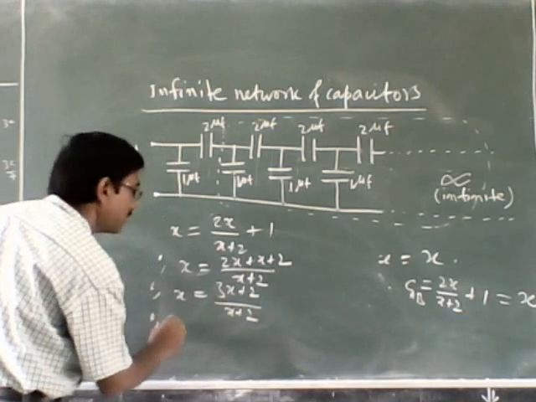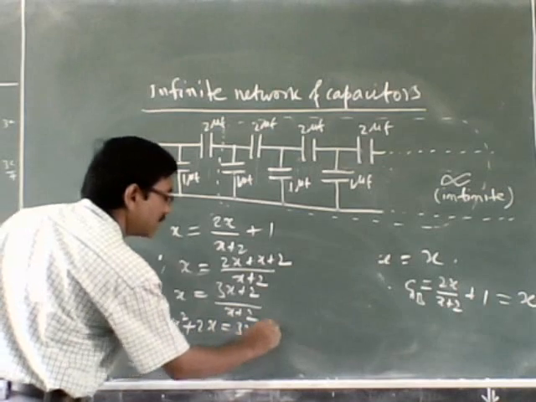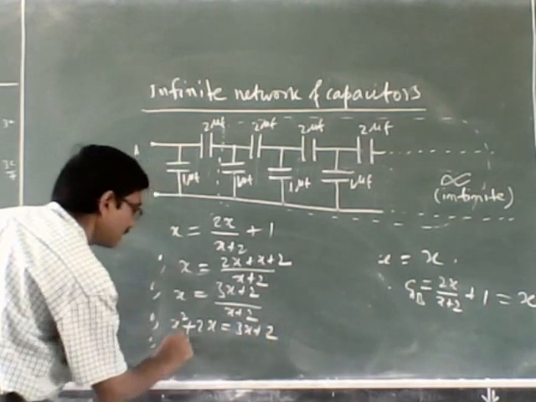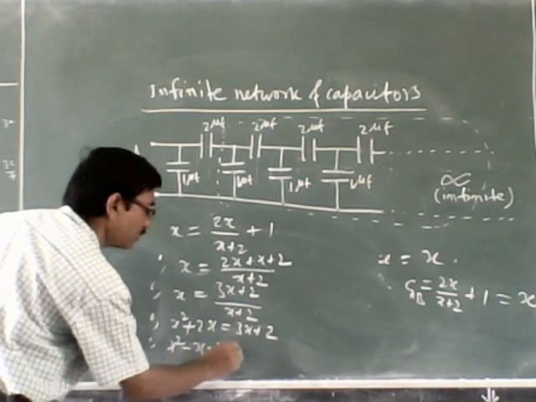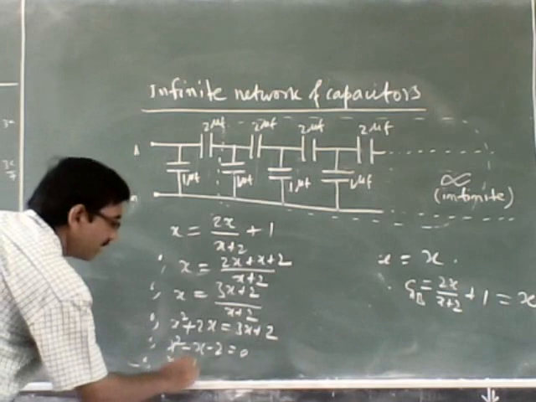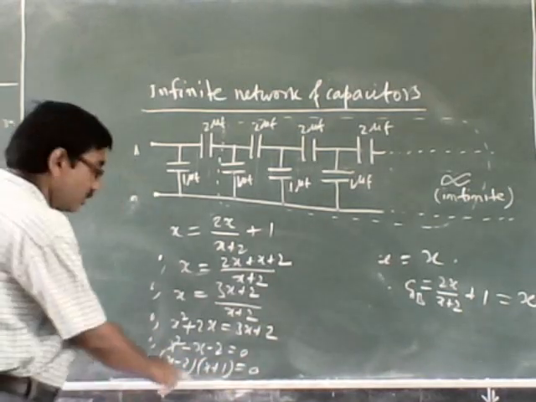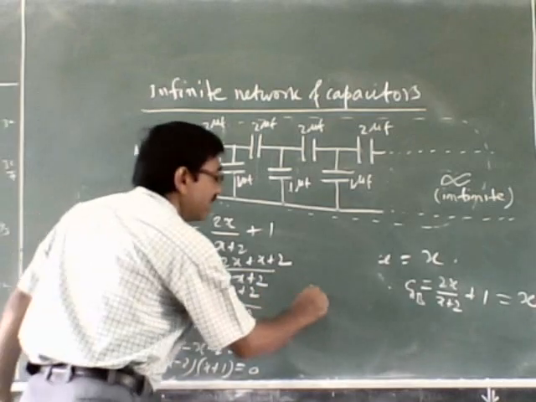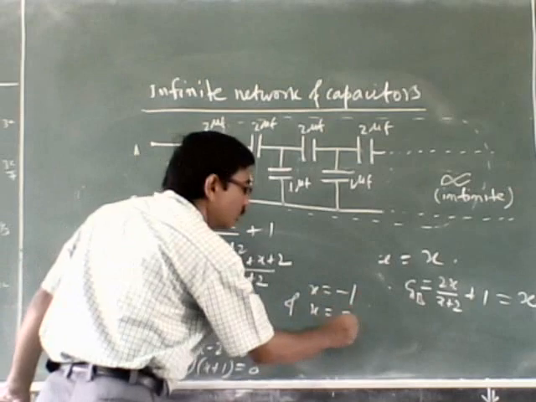Now cross multiplication: X square plus 2X is equal to 3X plus 2. Bringing terms to the left side, X square minus X minus 2 is equal to 0. Using middle term factorization, we get X minus 2 into X plus 1 is equal to 0. So X is equal to minus 1 and X is equal to 2.